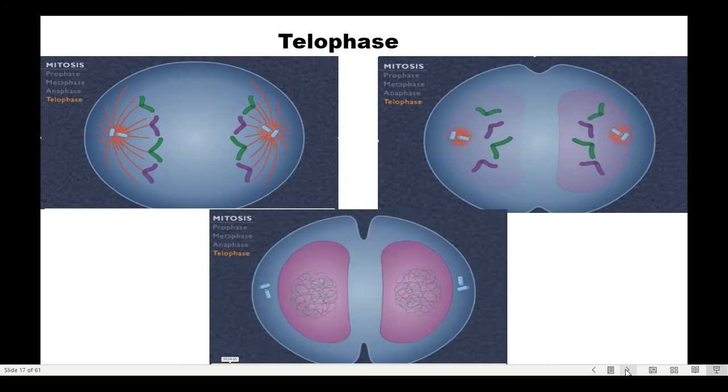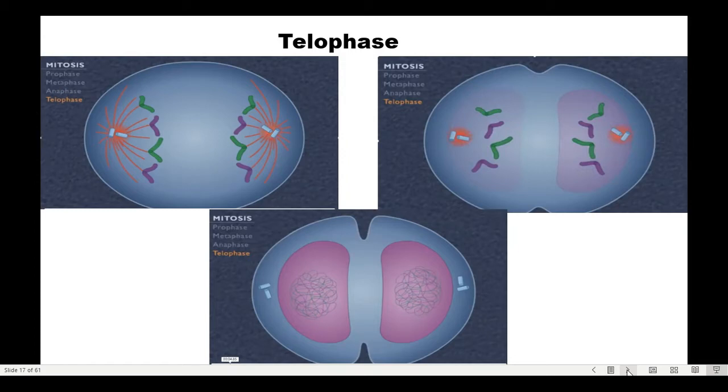And then, bumabalik na yung ating nuclear envelope na nawala doon sa prophase. Tapos, si chromosomes, na makapal kanina, ay nagiging chromatin na lang. Kasi maninipis na siya. And then, si centrioles ay bumalik na, nawala na yung spindle fiber. And then, ayun na, nakita na natin na nag-divide na fully yung ating nucleus.